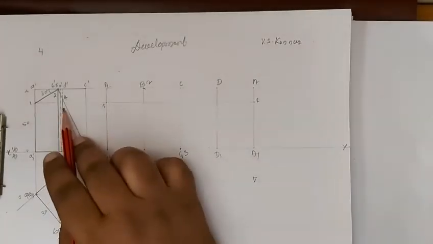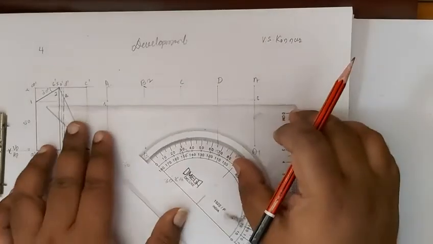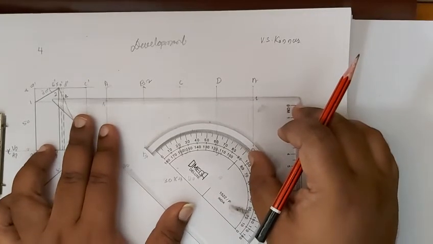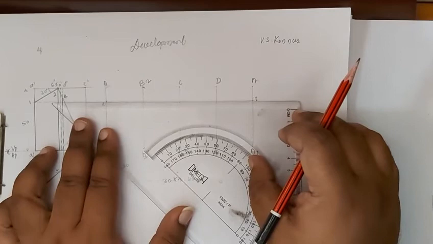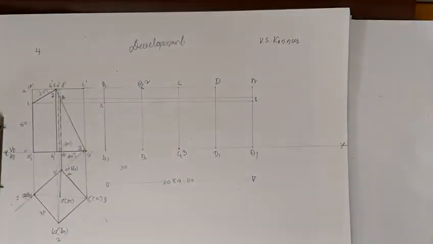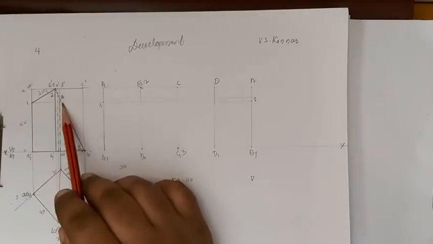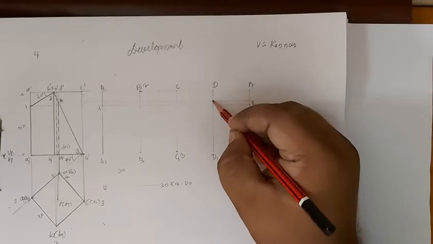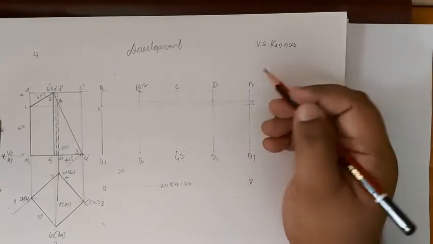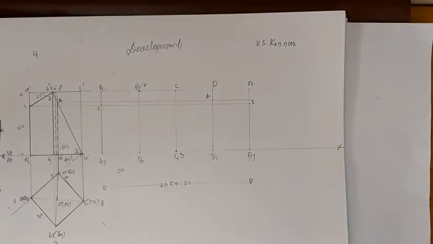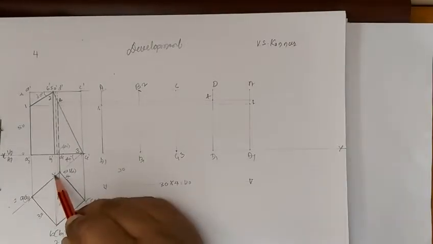Next, for the fourth point, we have to draw a horizontal line parallel to this once again. Where is the fourth point? This fourth point is on DD1, so we will get the fourth point. Then where is the fifth point? Here is the fifth point.